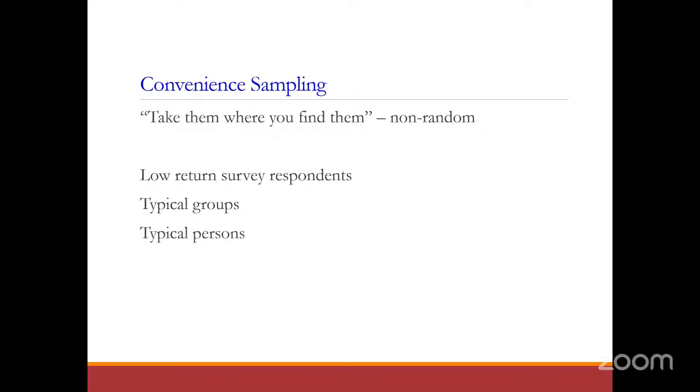the convenience sampling. Suppose we study some typical persons or typical groups, maybe psychological patients, maybe hypertension problems. For these specific groups, you take them where you find them. Suppose we have to study the old age population who have a specific kind of dementia. It is a very rare disease, but it is happening in our population.